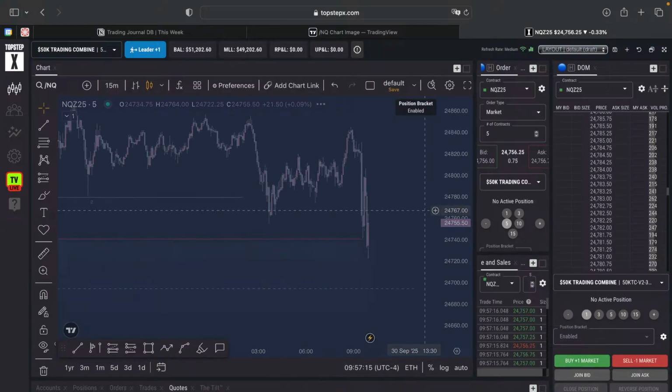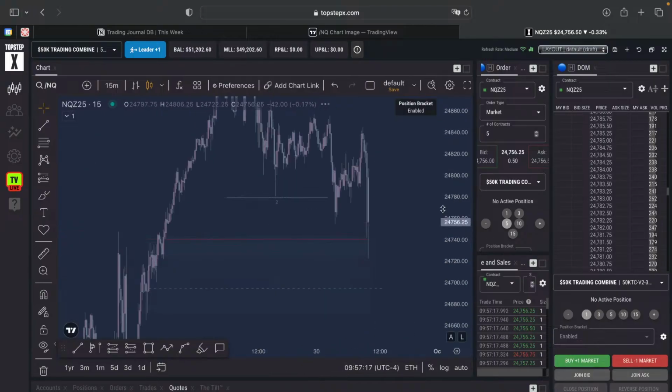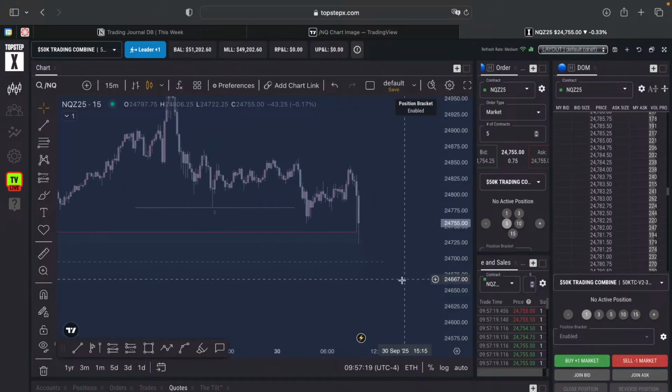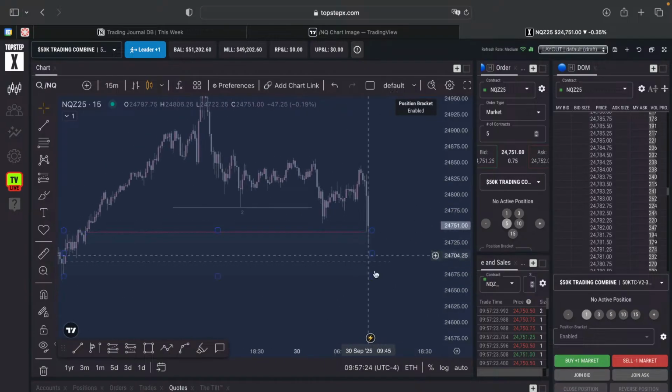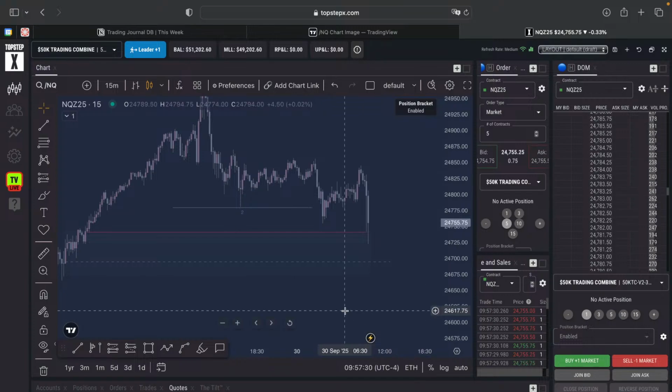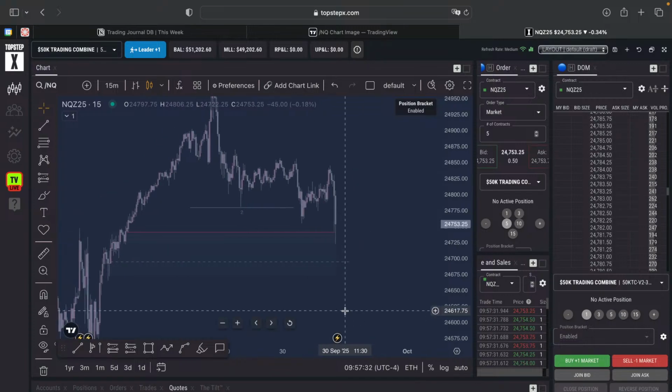Just being patient, guys. And ideally, you know, I'm not gonna watch the 5 minute too heavily, only because the 15 minute is the best time frame to really monitor for good trades. If I'm being honest, the 5 minute is the best for entries and sniper entries and most precise entries. 1 minute obviously is the most precise, but 1 minute is also the least reliable.